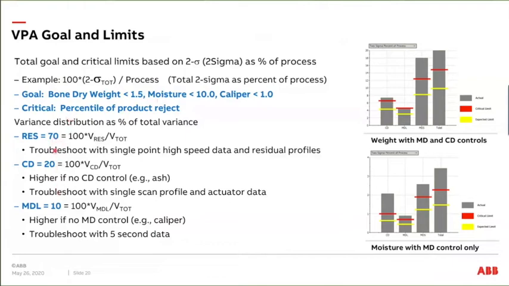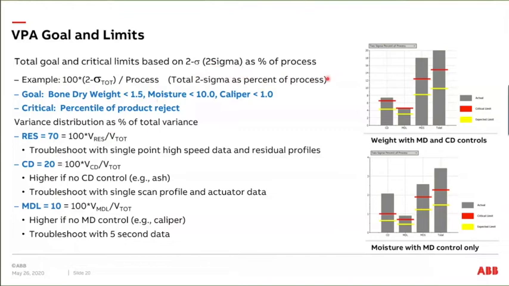Then we also look at that distribution, the total. So the goal as far as a total, for example as a percent of process, and this is something I didn't talk about yet, but typically, as I mentioned earlier, the 2 sigma could be in pounds per ream, for example. It's in units of the sensor. But for some sensors like weight and caliper, we usually do those as percent of process.